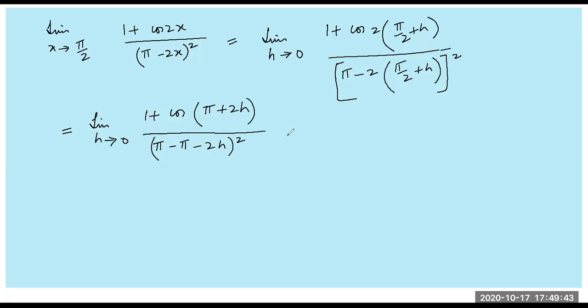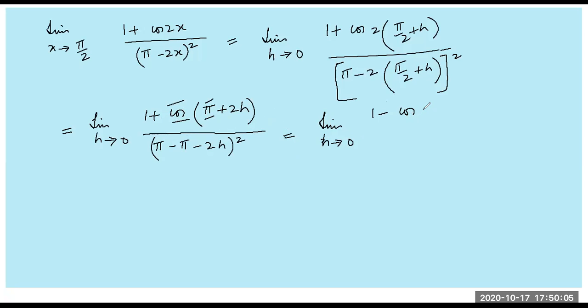So this is equal to limit h approaches 0. I can write 1 minus cos 2h, because at pi the trigonometric ratio doesn't change, but the sign changes.